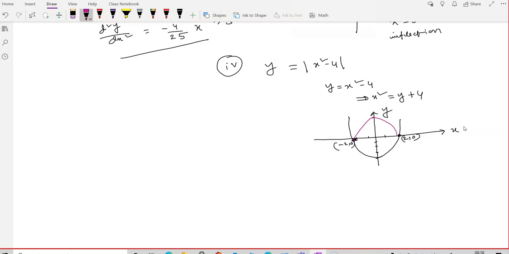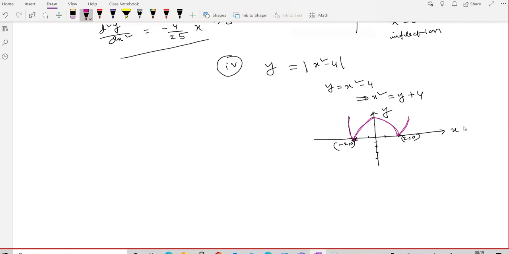Now we have to remove the part lying below the x-axis. This removal is easier. Here I have to plot it again. So this is the graph for y equal to mod of x square minus 4.